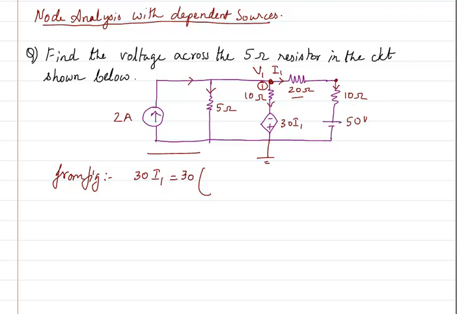So I can write it as higher potential V1 minus lower potential 50, divided by the total 30 ohms, 20 plus 10. The 30 and 30 cancel out, and I get V1 minus 50. So for me, all I have to do is write this particular voltage point as V1 minus 50. So this is the first equation.